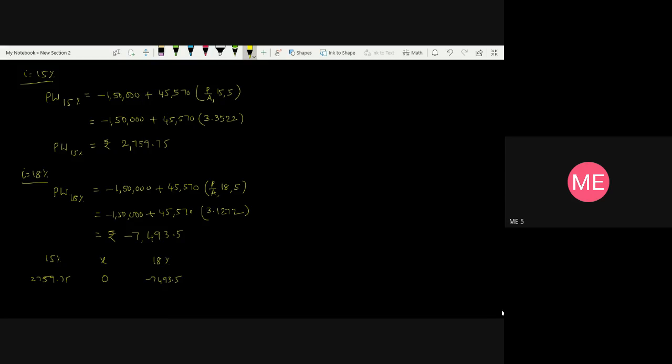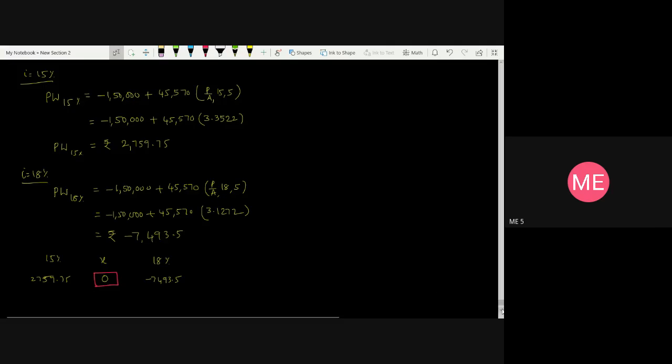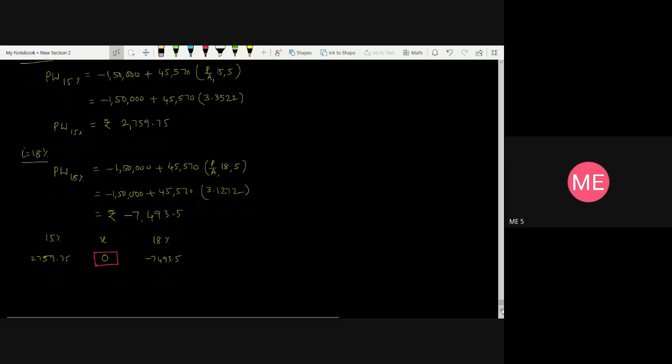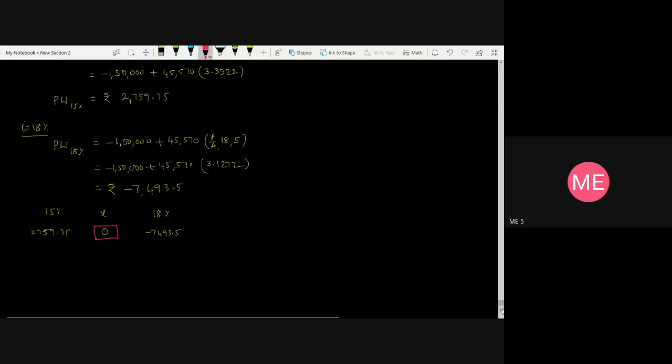So between 15 and 18 there is a chance to get the present worth as 0. Now we are going to calculate the X at which the present worth is 0 by the interpolation method, because it will always be greater than 15%.